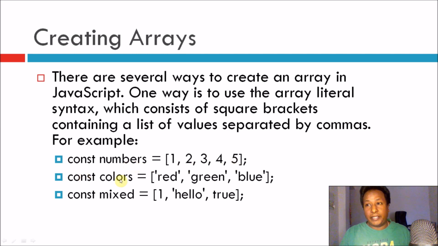Okay, in the second example, we have another array, but this array contains strings. The string values are red, green and blue. But in the third array we have a mix of multiple data types: the first value is a number, the second is a string and the third one is a boolean. So this is how we can create an array.